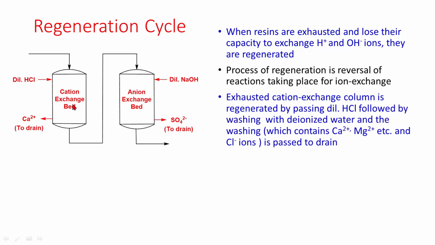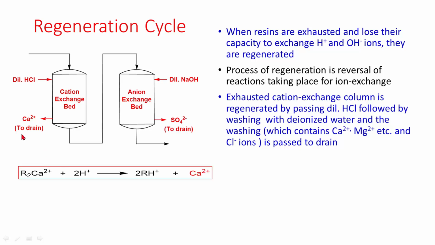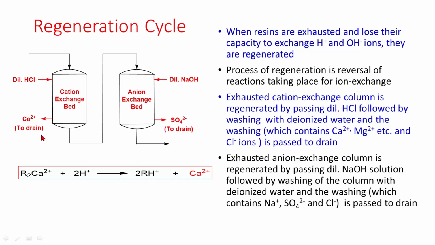Exhausted cation exchange column is regenerated by passing dilute HCl followed by a washing with deionized water, and the washing, which contains calcium and magnesium ions, is passed to the drain. Here, with acid, the calcium and magnesium ions released are allowed to go to the drain.